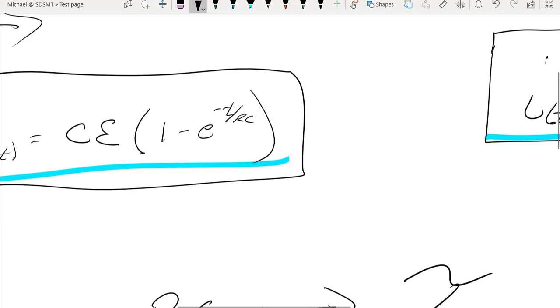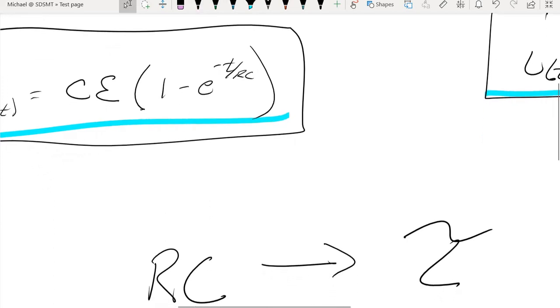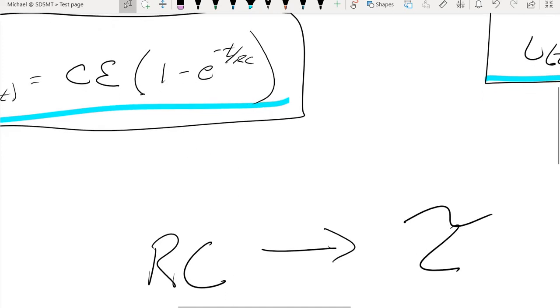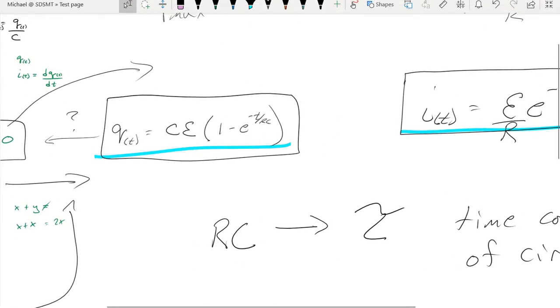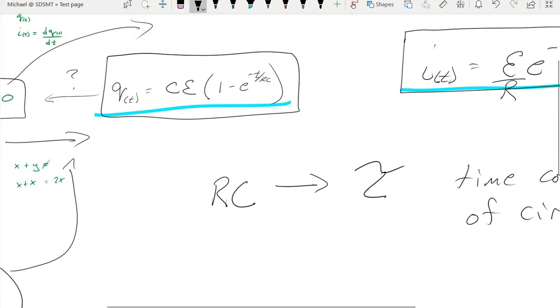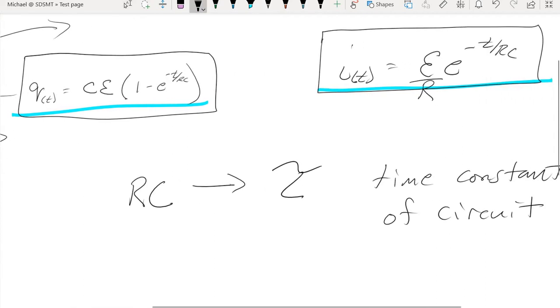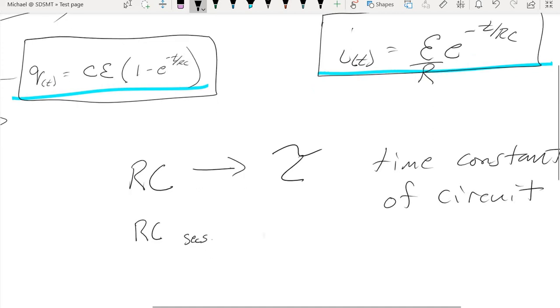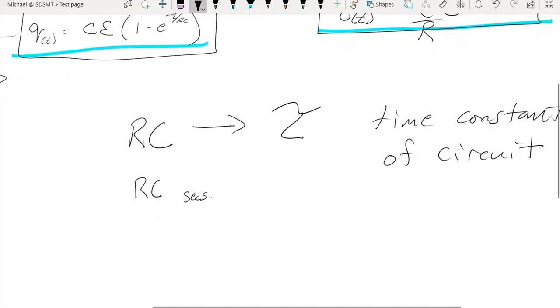But we already know time has units of seconds, R has units of ohms, capacitance has units of farads. Well, if this is in fact going to be a time constant, RC will have the units of seconds. That's the only way that we can take a ratio of time and something else and get a unitless compound. So tau is equal to RC, and tau is going to have units of seconds, just like any other time would.